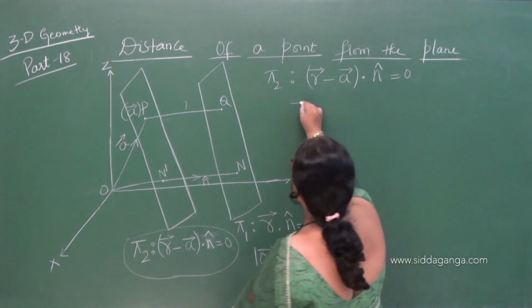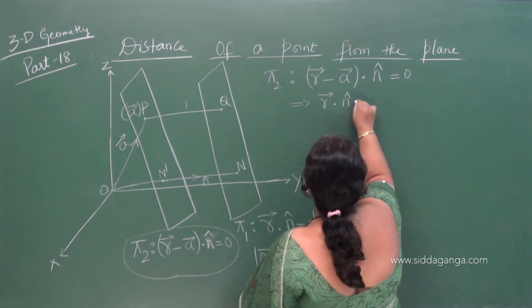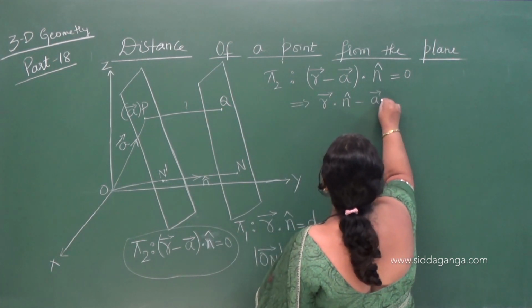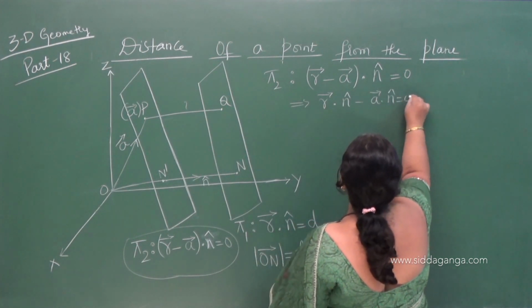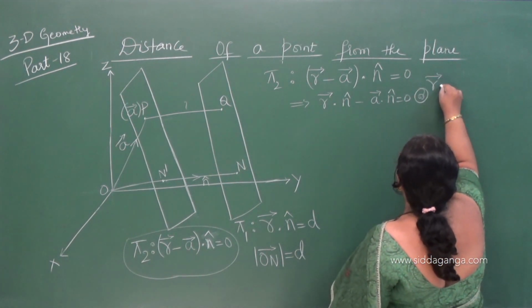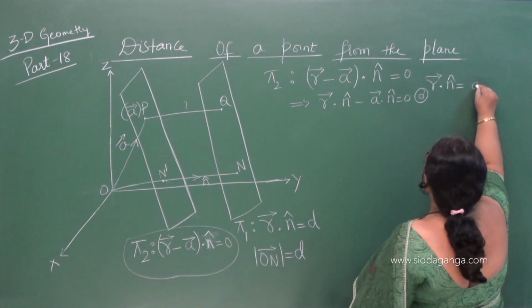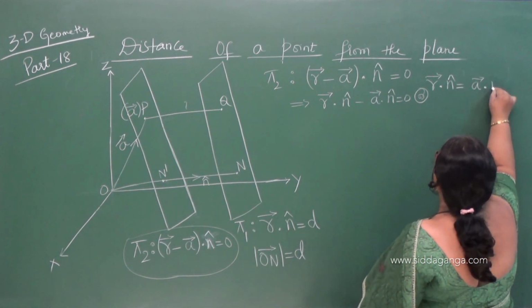This implies that vector r dot n cap minus vector A dot n cap equal to 0, or this can be written as vector r dot n cap equal to vector A dot n cap.